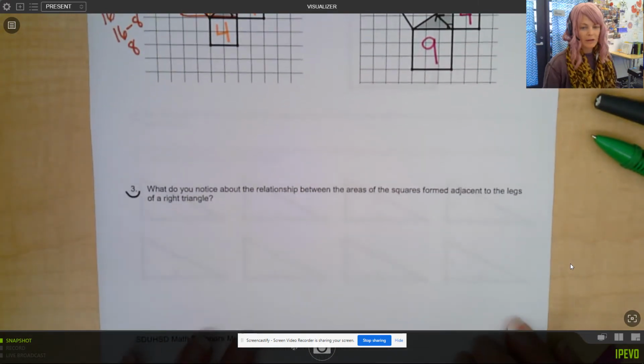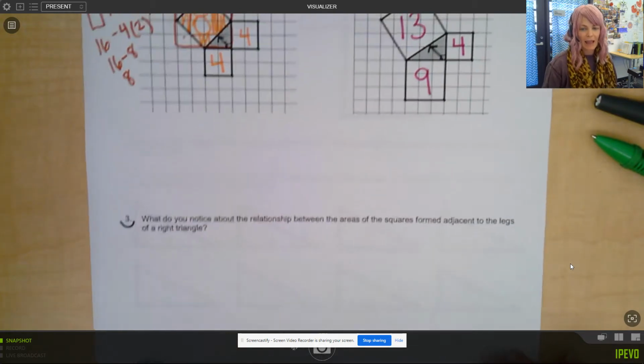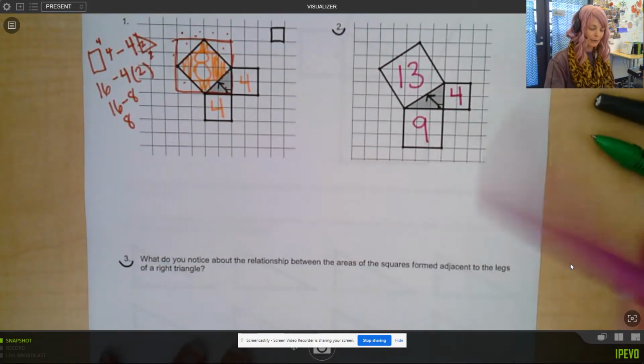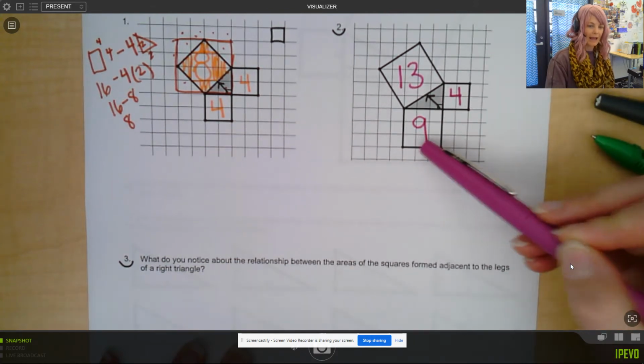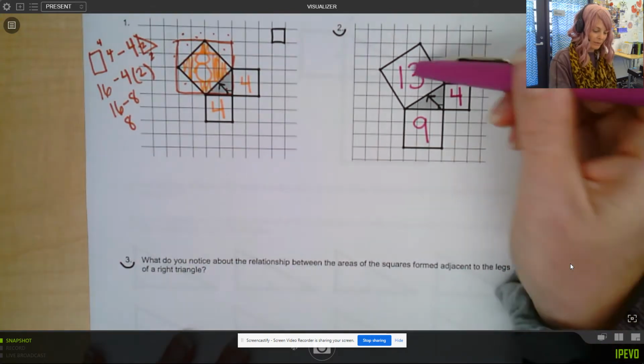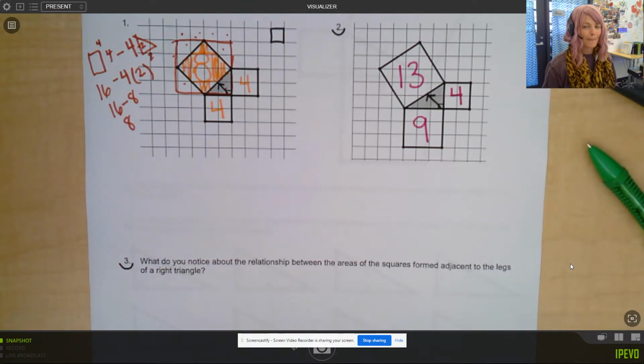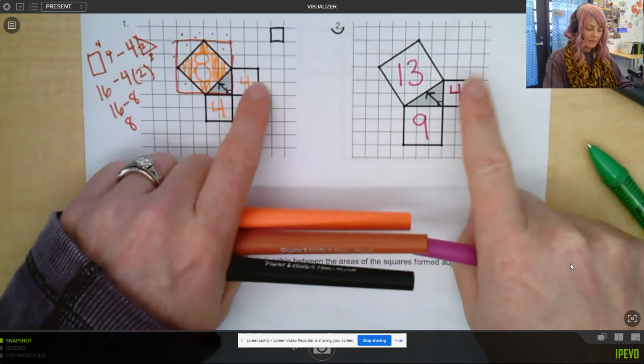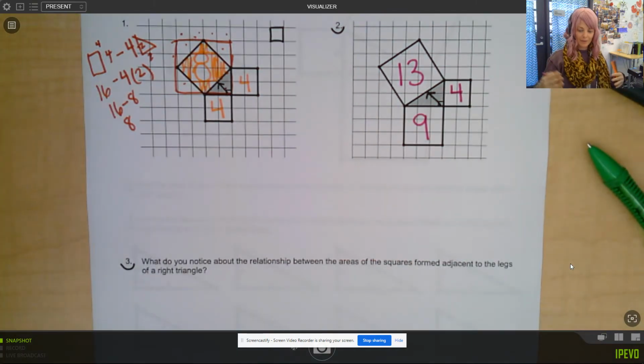What do we notice about the relationship between the areas of the squares formed adjacent to the legs and the square formed by the hypotenuse? 4, 9, 13, 4, 4, 8. Yes, I know we both have a 4 here, but there's something bigger. What do you notice?